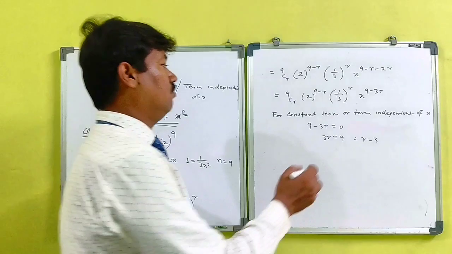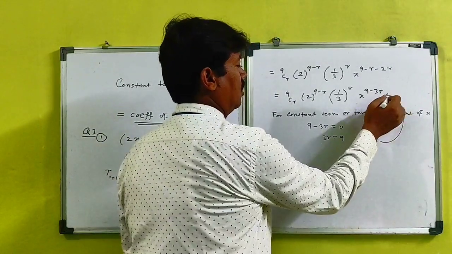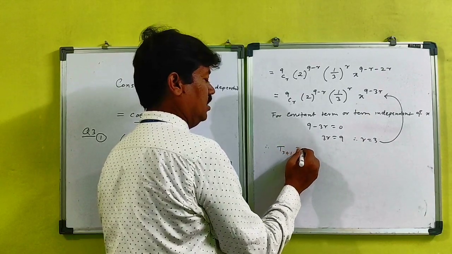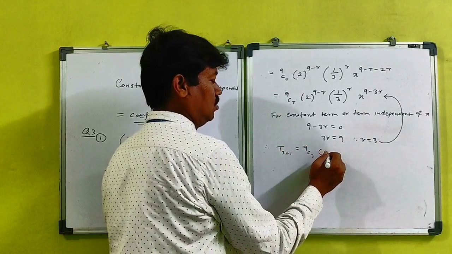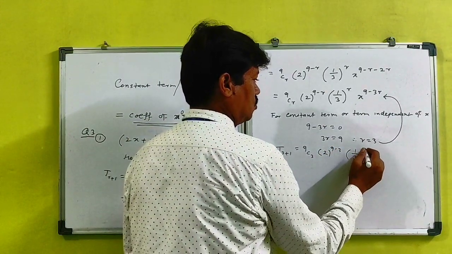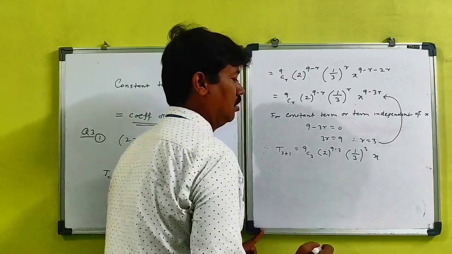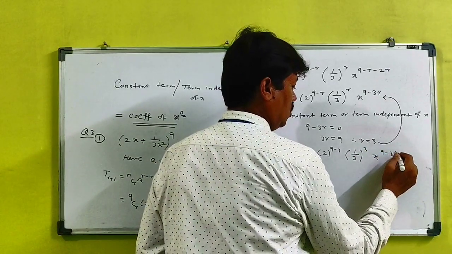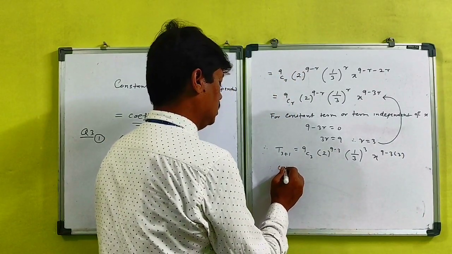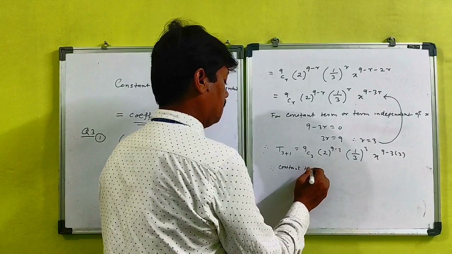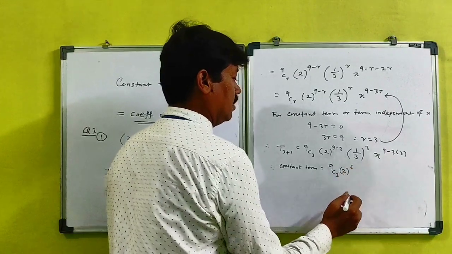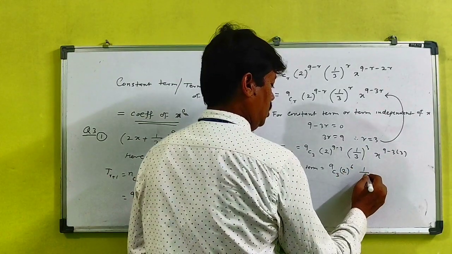So here R value is 3, resubstitute again in this only. So therefore the required term is T 3 plus 1, it is 9C3, 2 raised to 9 minus 3, 1 upon 3 raised to 3, x raised to 9 minus 3 into 3, that is 0. Therefore the constant term is equal to 9C3, 2 raised to 6, 1 upon 3 raised to 3.